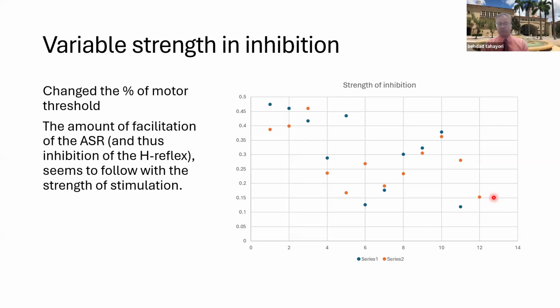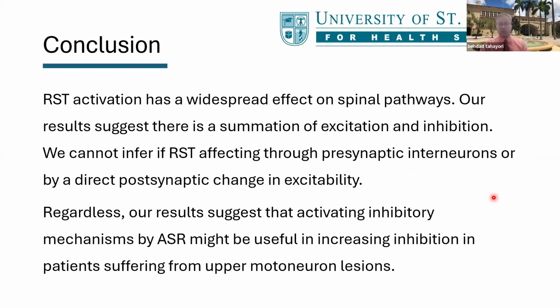We are working on this one, and we think having maybe 5 subjects examining this relation would give us a better idea. But finally, our goal is to test this on stroke patients or on patients with any type of spasticity, because as we said, RST has been shown to be a very important pathway in the development of spasticity after stroke.